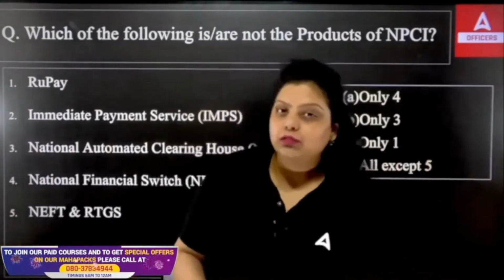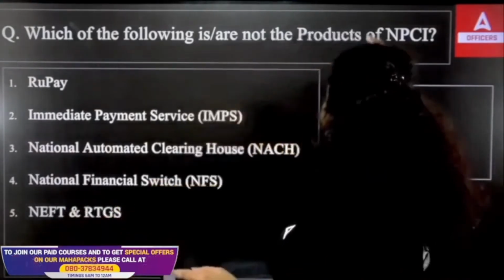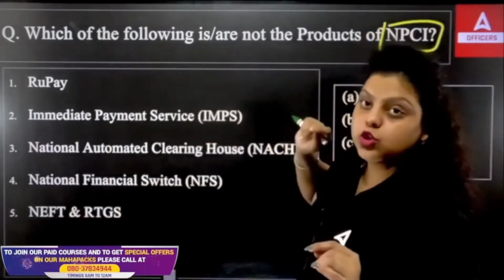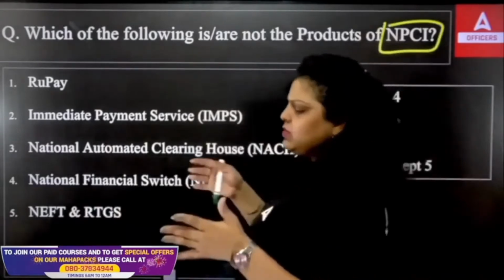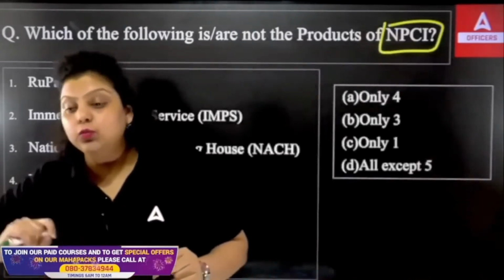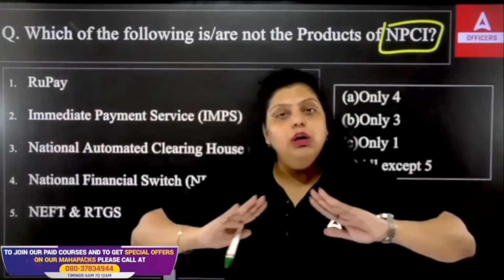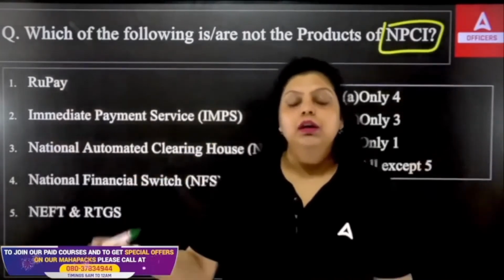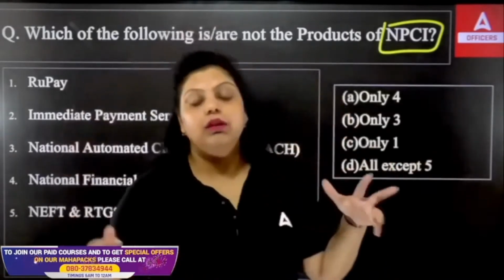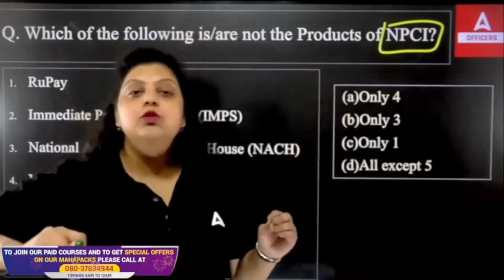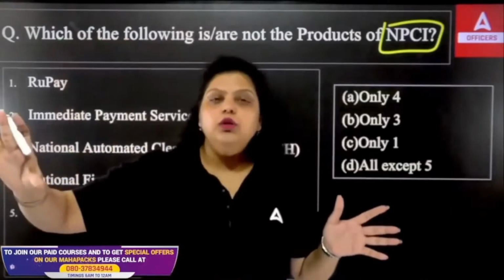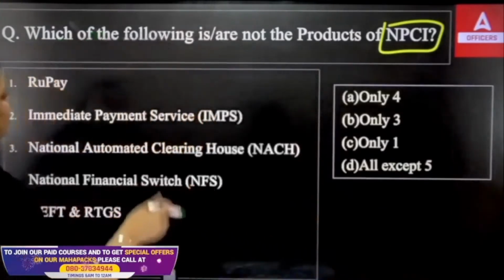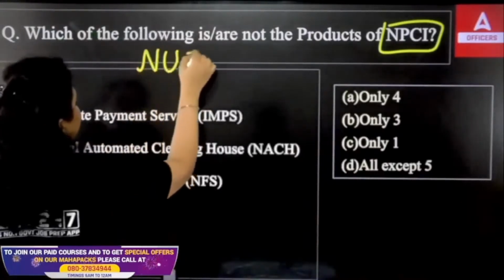NPCI was first established in 2008 by RBI and the Indian Banks Association. And some time ago RBI said that NPCI has a monopoly in the market, because all the retail payments are managed by NPCI. To remove that monopoly, RBI has introduced a new umbrella entity.